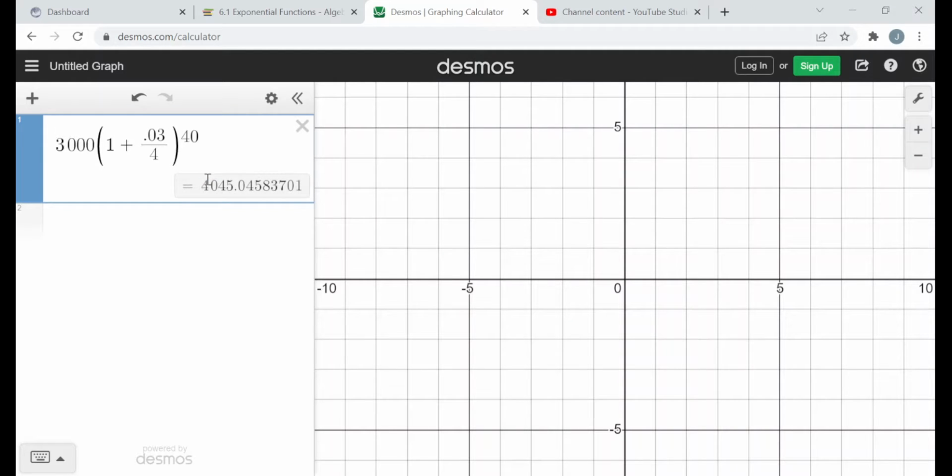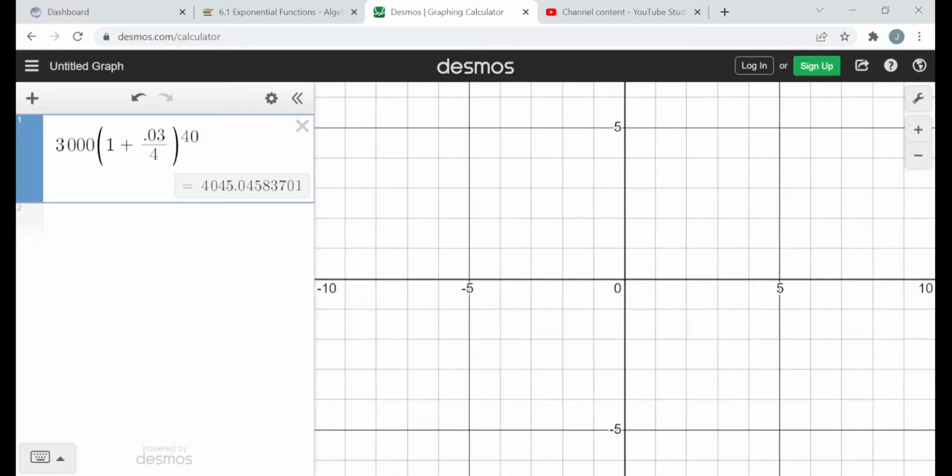That was the 4 times 10, n times t. So if I put $3,000 into this investment account and left it alone for 10 years, it would be worth $4,045 and about 5 cents, right? If I round it up, because it's 0.045, I would round up to 0.05.